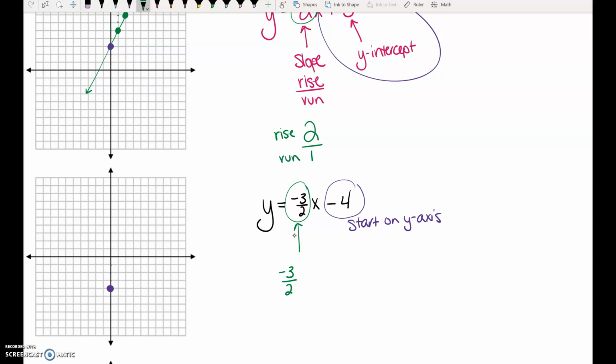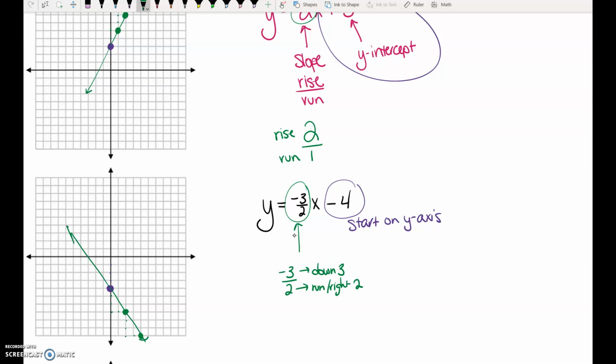Rise negative 3 basically means that we are going to move down 3. And then we are going to run or move right 2. So from the starting point, down 3, right 2. Down 3, right 2. And that would be our line.